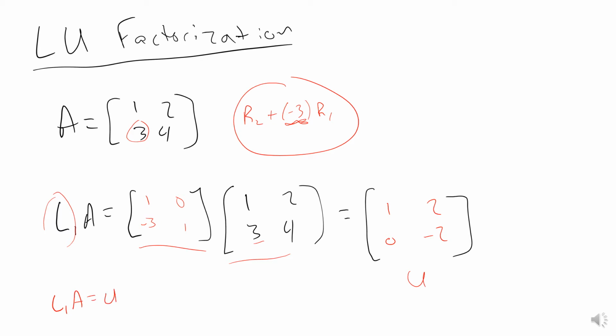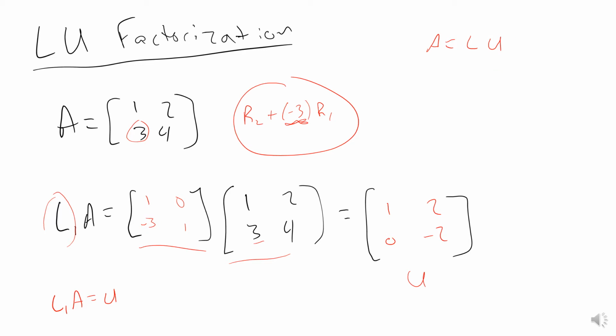Alright, now our goal in LU factorization is to rewrite A as a product of a lower triangular matrix L and an upper triangular matrix U. Right now, all we have is the upper triangular matrix U. We still need to figure out what L is.